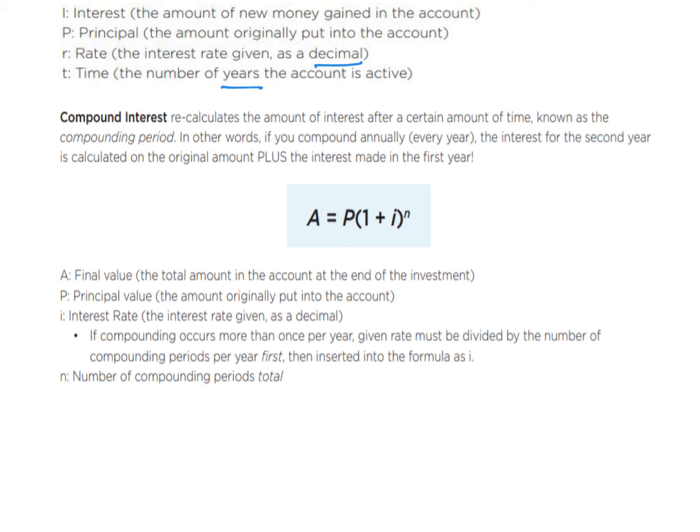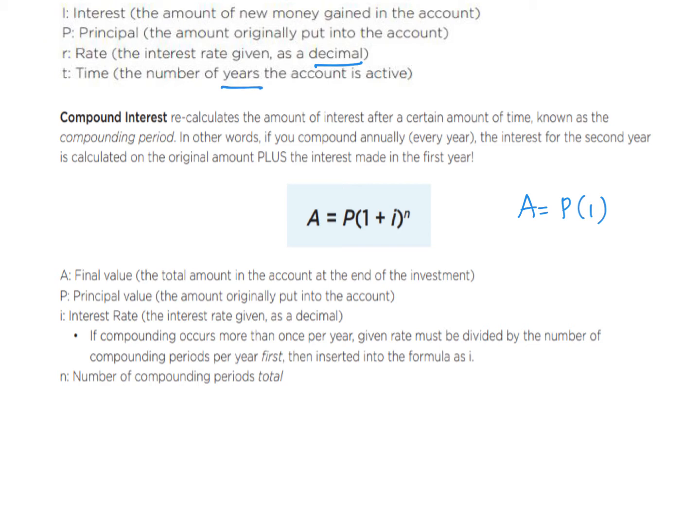Then we have a 1, and the reason we have a 1 is because A is the total amount. So if we multiplied the principal by 1, then we would have the amount at the end. So the 1 is representing the original amount, and then we add the interest to that. So 1 plus I to the power n. And we'll look at the difference between I and n. I and n are the most important parts of this formula.